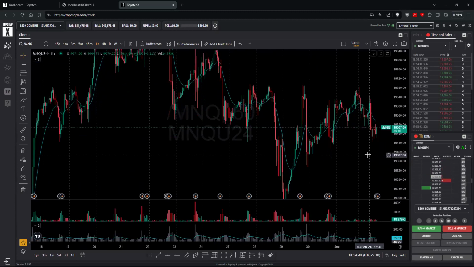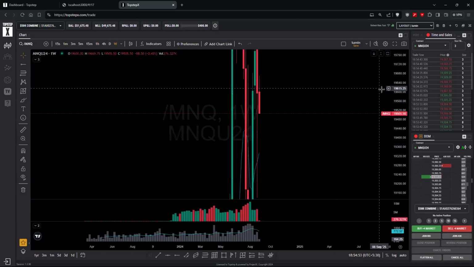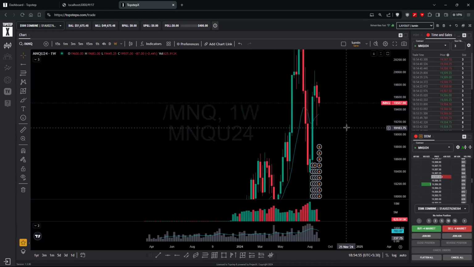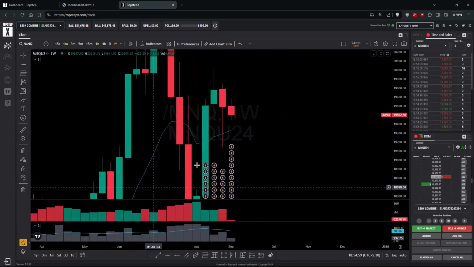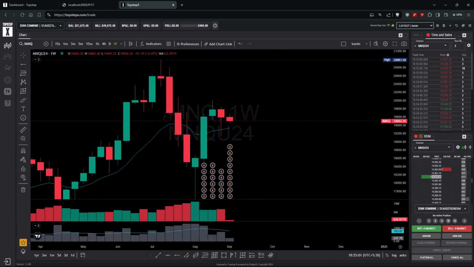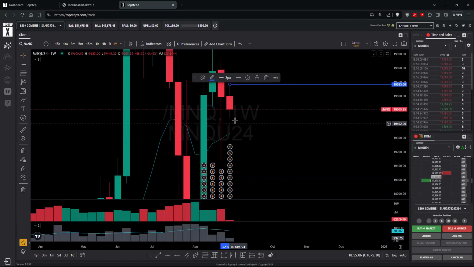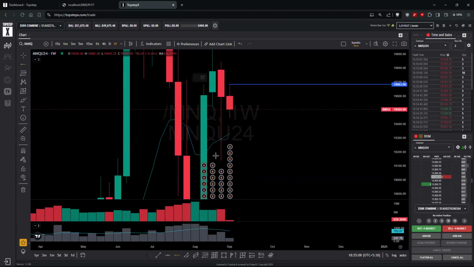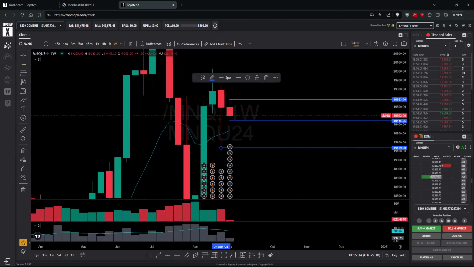So how do I draw my levels? First, I go to weekly. Weekly high and low are important, so it's pretty standard for me to have them in my important levels. For this week, the levels are pretty new, so it's just this high and low, and I'll also add the previous week high and low.